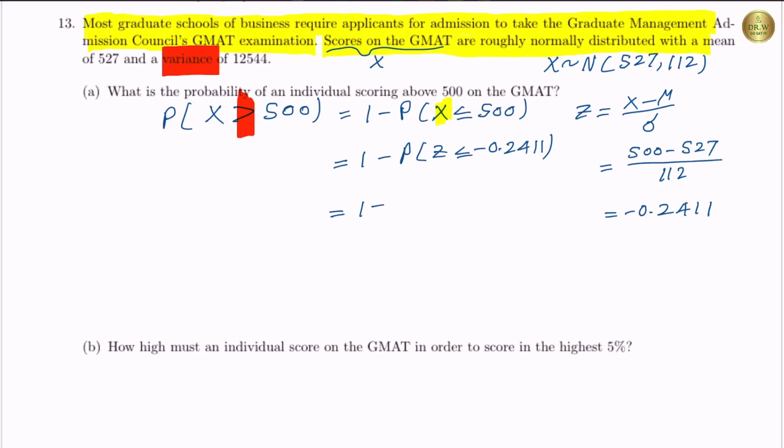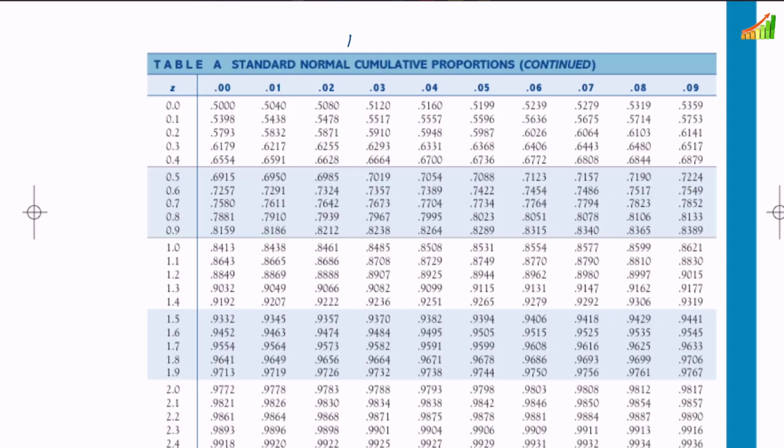Now we need the probability. Then how do we find the probability? Go to the z table. What do we need to find? The probability z less than or equal to negative 0.2411. But for the z value, we have only 2 decimal places.